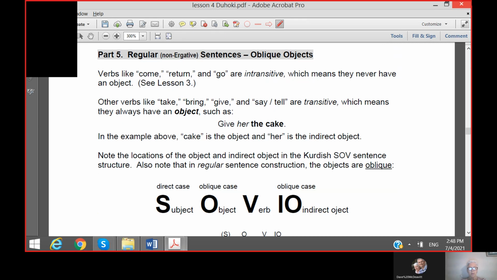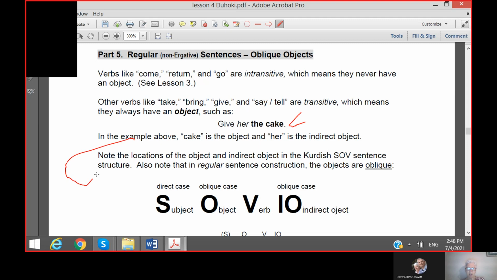See lesson 3. Other verbs like take, bring, give, and say or tell are transitive, and transitive means they always have an object, such as give her the cake. In this example, cake is the object and her is the indirect object, and both of them are going to be in the oblique case.